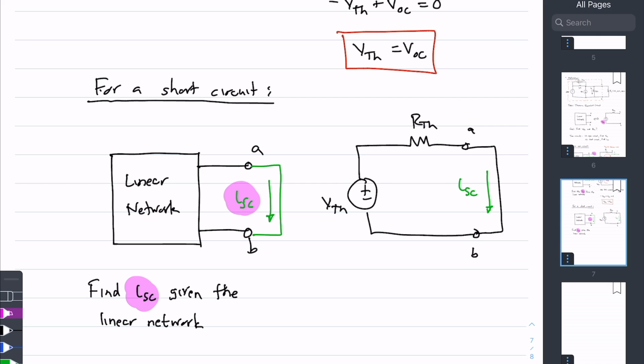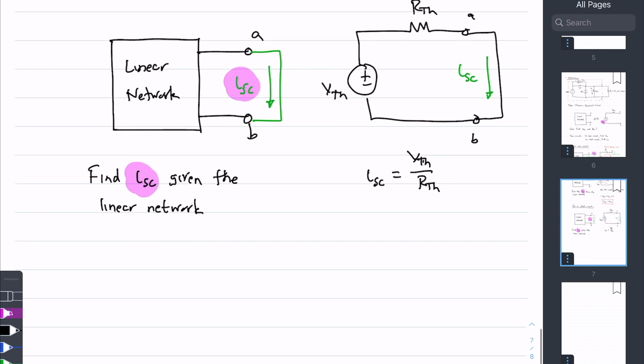And notice that because the voltage source is in series with the resistor, it should be very clear that this short circuit current is equal to the Thevenin voltage divided by the Thevenin resistance, just by Ohm's law.